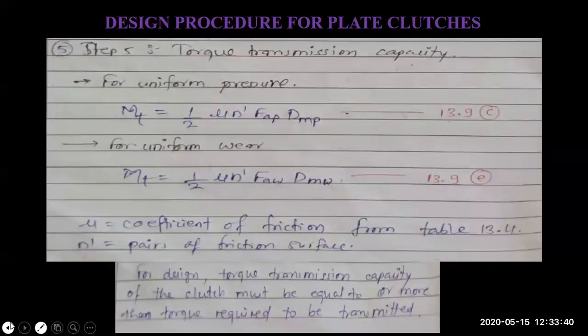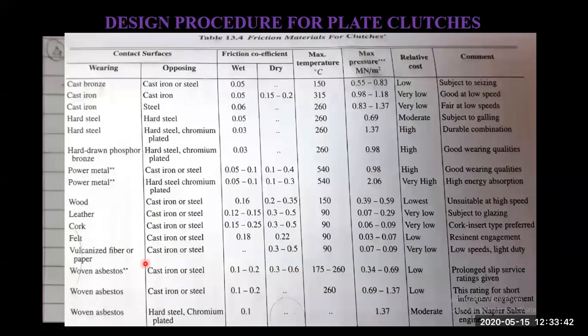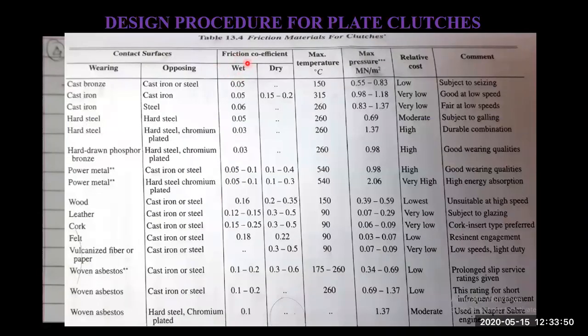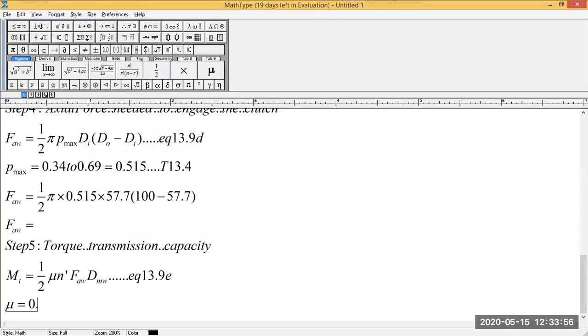Mu is between 0.1 and 0.2 for wet. Since it is submerged, we take the wet condition. We'll take an average of 0.15. Again, this is from table 13.